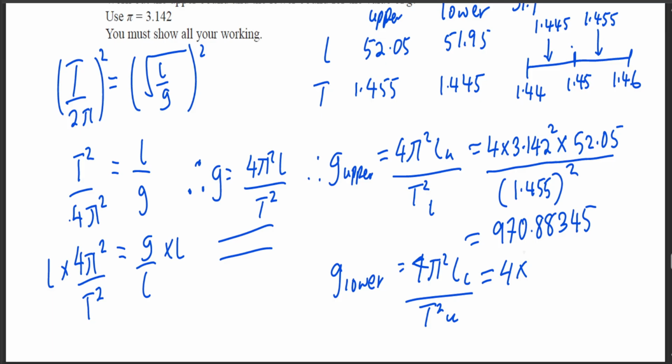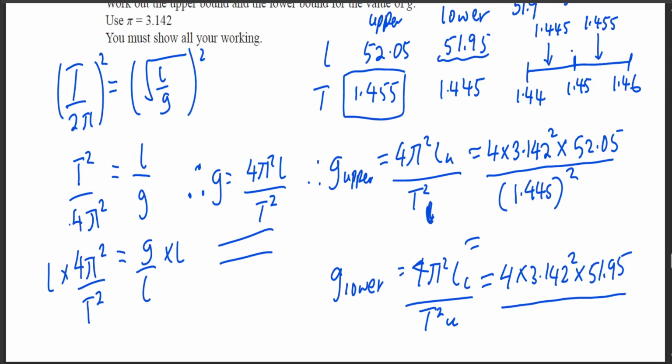Sorry for that. 4 times 3.142 squared times 52.05 divided by 1.445 squared gives 984.36779.